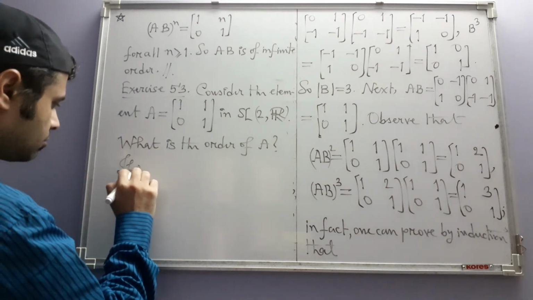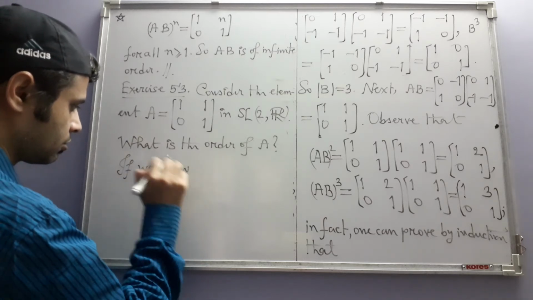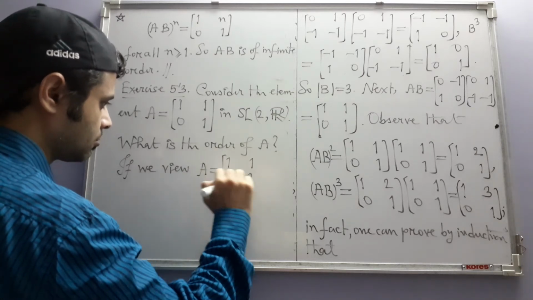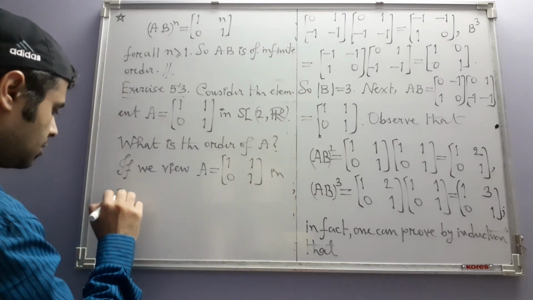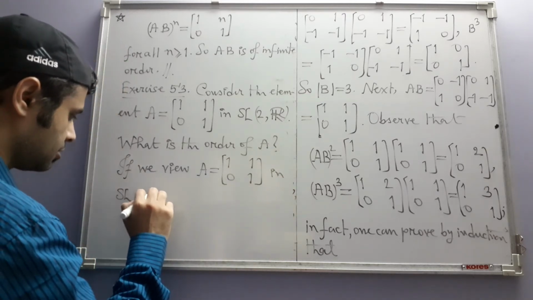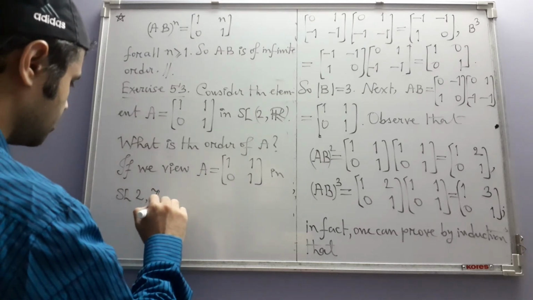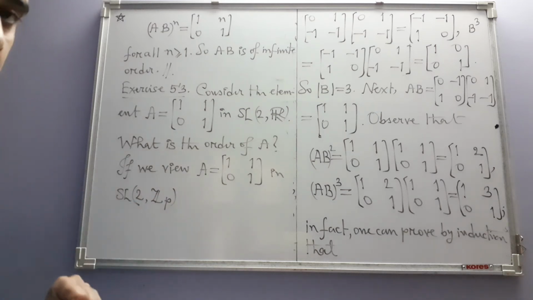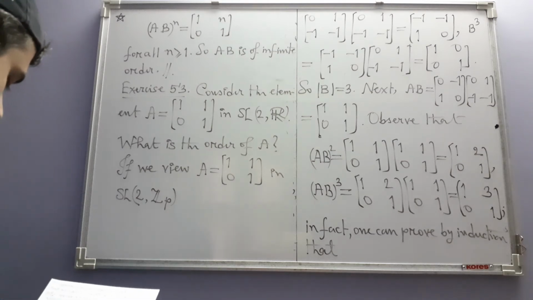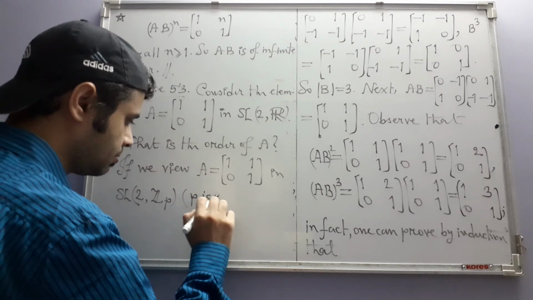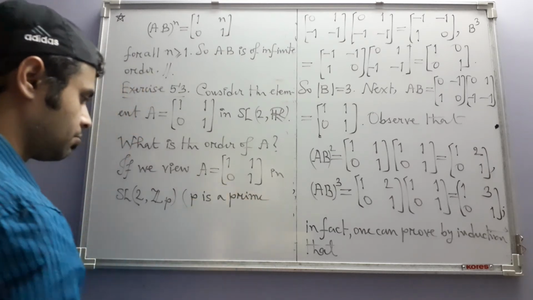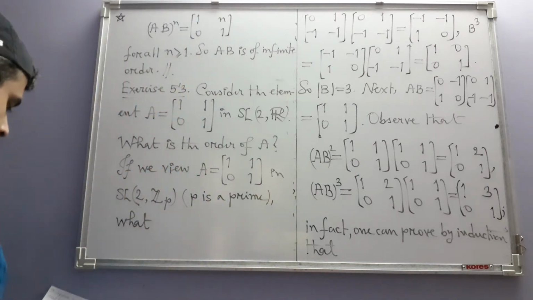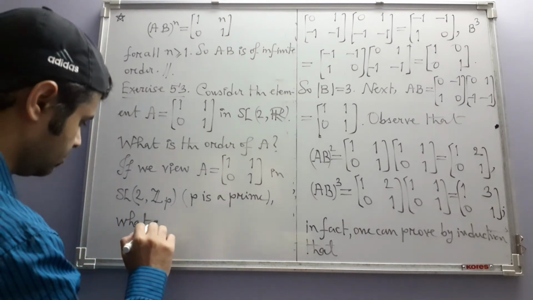If we view that same matrix in the special linear group of again 2 by 2 matrices, but this time the entries are coming from the finite system Z_p of integers modulo p, where p is a prime, what is the order of it?